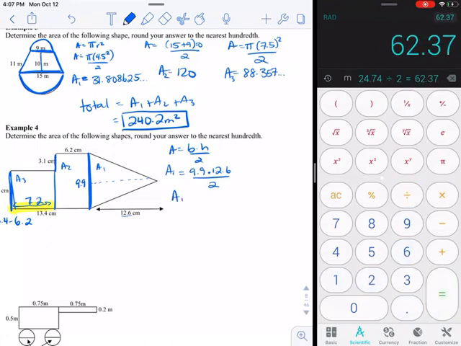So area 1 is 62.37 centimeters squared. Area 2 is just length times width, so that 6.2 and 9.9.